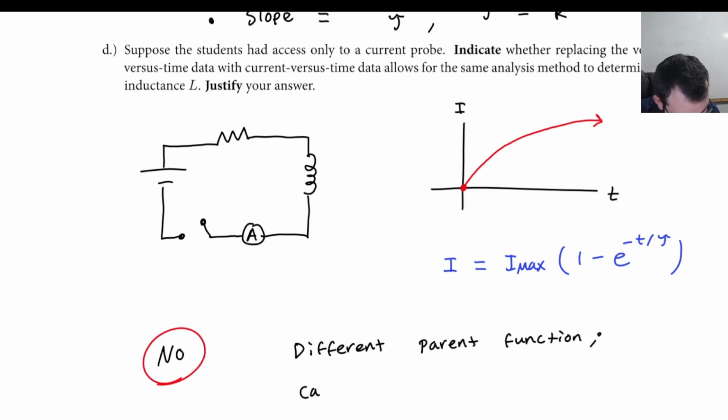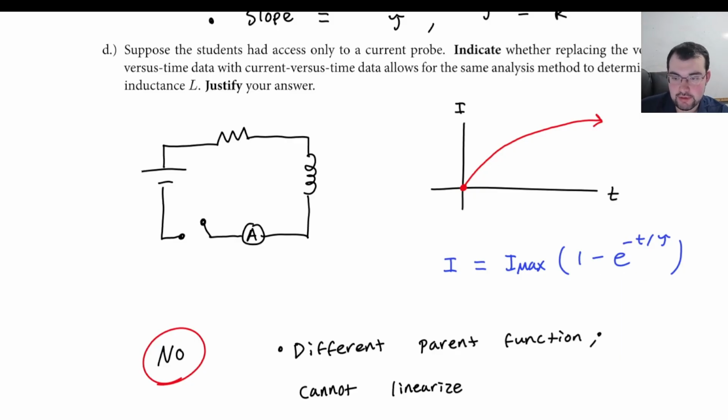So we cannot linearize. It is possible to curve fit and do things. We just can't do this exact procedure, because if I take ln of this thing, it's not nice, because I can't just cancel the e because of this 1 that's sticking around.